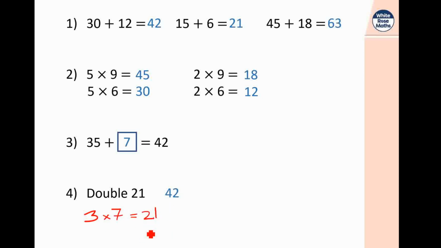Right, now 42 is double 21, right? So it must be double this number. What's double 3? 6. Yeah, so 6 times 7 equals 42. Which makes sense if 3 times 7 equals 21. 42 is double 21 and 6 is double 3.